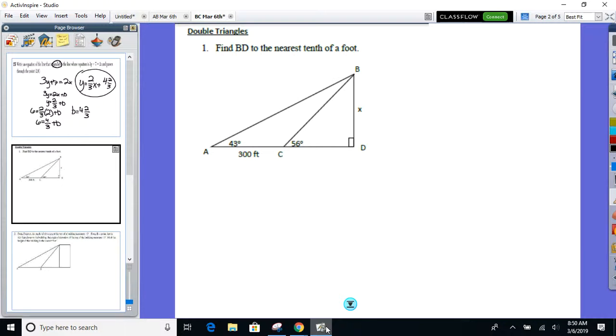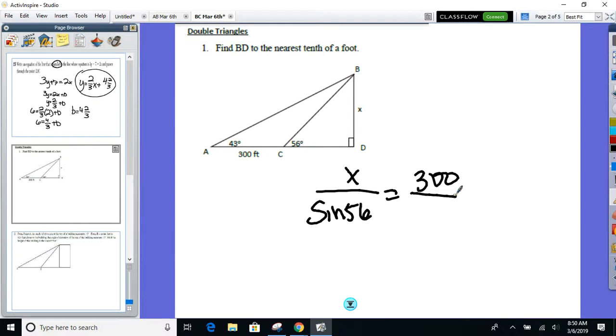If you're going to use law of sines or cosines, all values have to come from one triangle only. You can't say x over the sine of 56 equals 300 over whatever that angle is. All values must come from one and only one triangle.